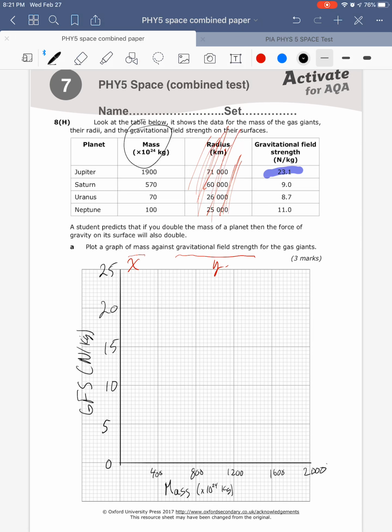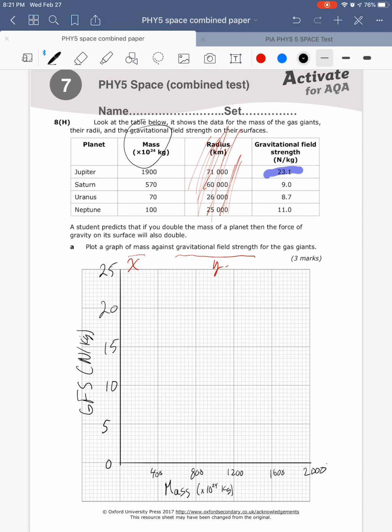Now, normally you'd want to go up in 1s, 2s, or 5s, or multiples of 10, like 20s and 50s. You don't normally want to go up in 400s, but it'll be fine for this case. That also means that every little square is worth 40.